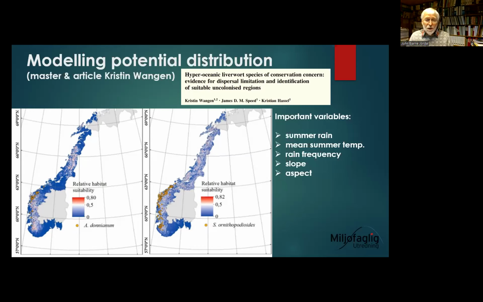And with the Scapania ornithopodioides, we can see that there is a larger distribution area possible if this model is good. Important variables in this model are summer rain, mean summer temperature, rain frequency, slope, and aspect. And this article can be studied in more detail, of course.